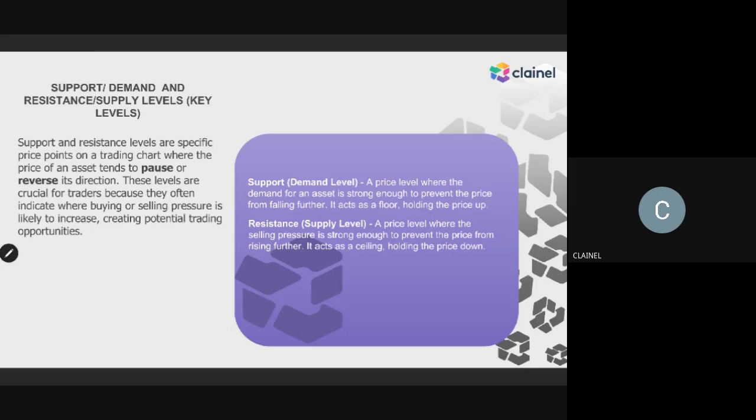Maybe you just entered the moment it touched the line, and you come back and say you've been stopped out of the trade. It's not that the demand level wasn't respected. What stopped you was your impatience, and you don't just use one thing to confirm your trade. There should be other things you're looking for on the chart, like your chart patterns and your candlestick patterns when price is at your key zone.